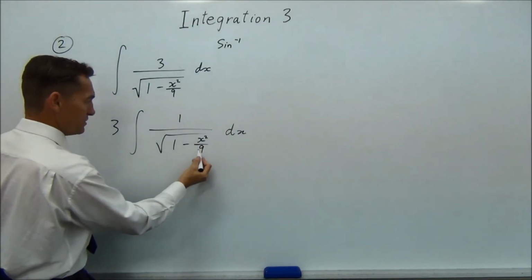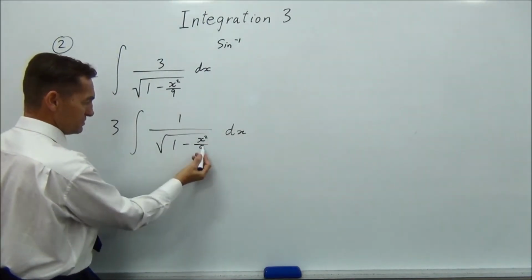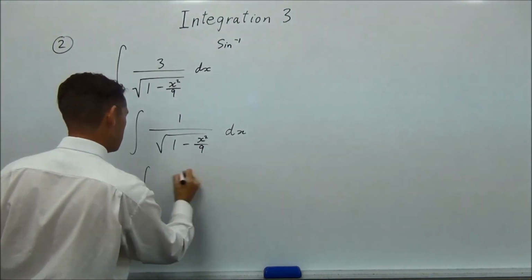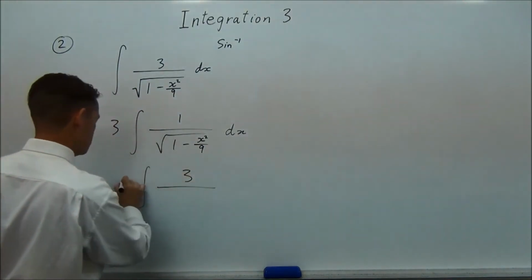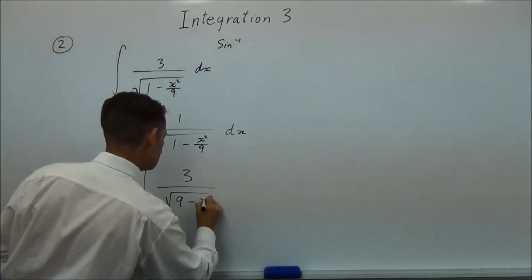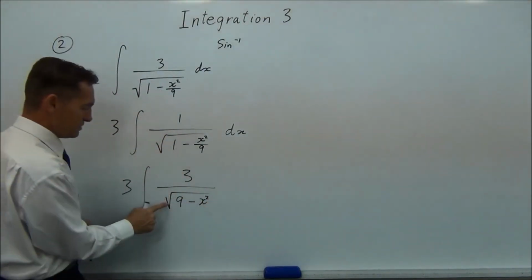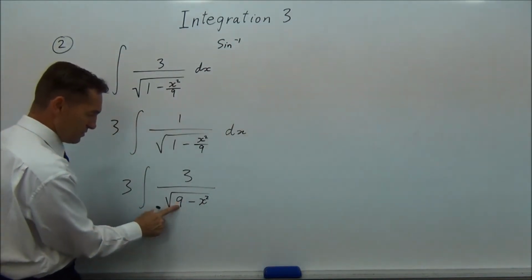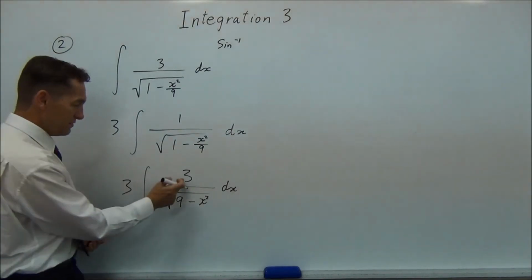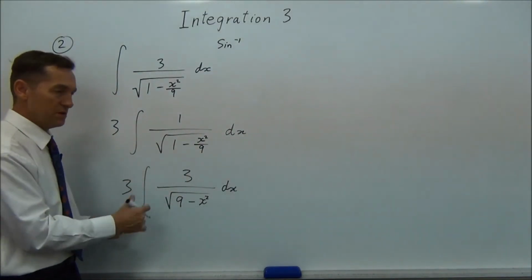So let's multiply this by 3, which is the square root of 9, so I'm multiplying top and bottom by 3. So the 3 stays out the front, square root 9 minus x squared. And now we've multiplied that by 3, that by 3, and that by 3. I'll put my dx in, and now we can do it. And again, I've got another constant, so there's going to be 9 out the front.